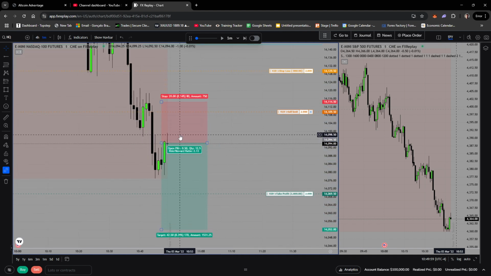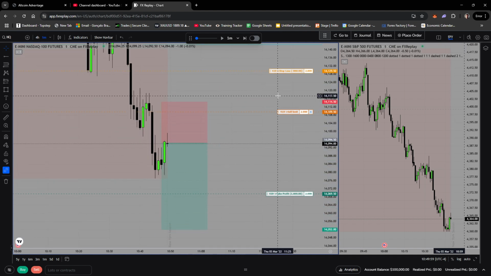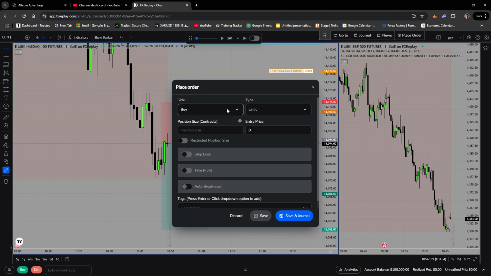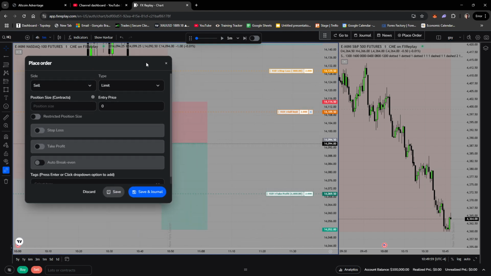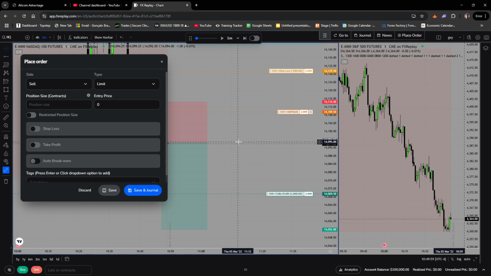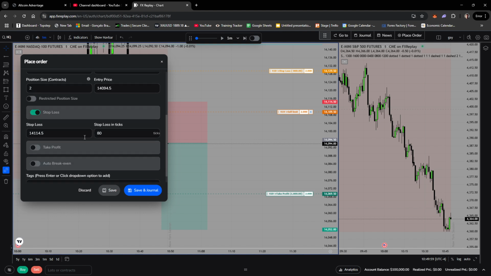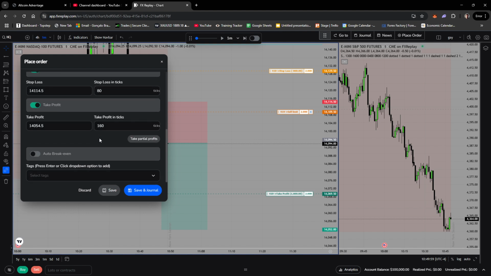Now I'm interested in taking this. Entry price. Stop loss. Take profit.